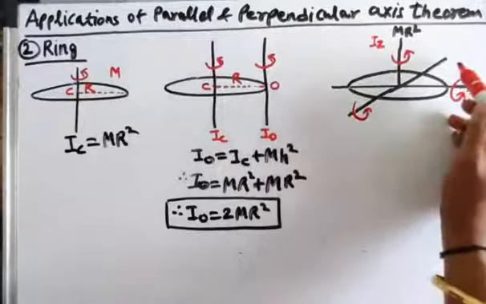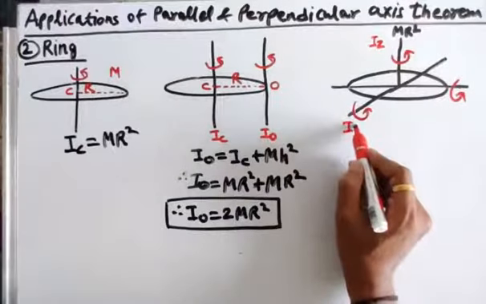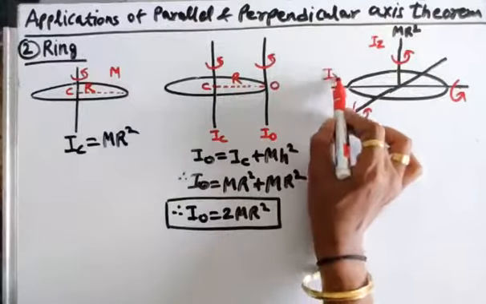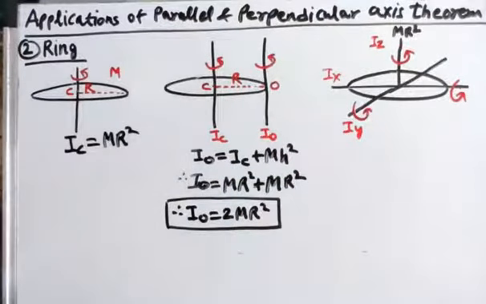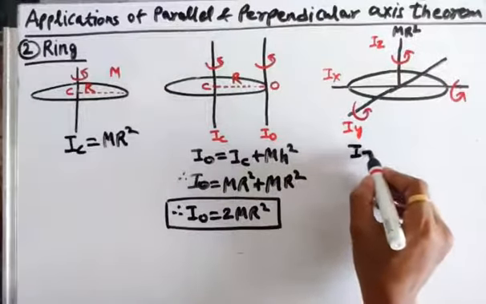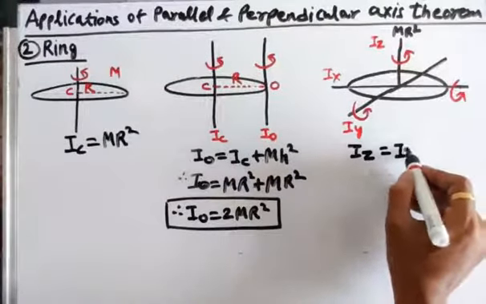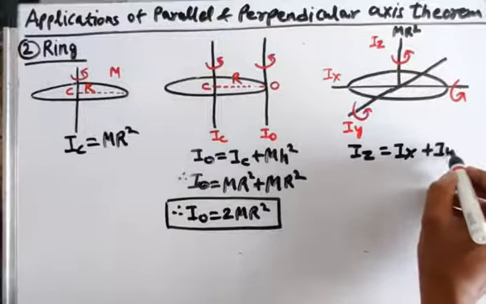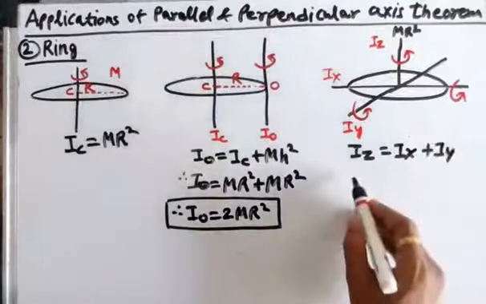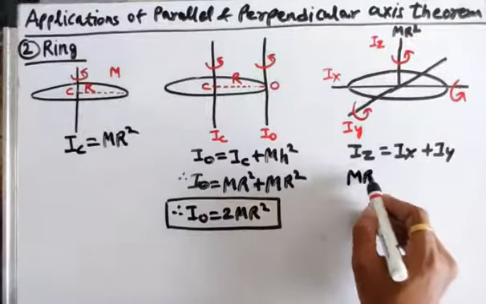Moment of inertia of the ring about this axis is say Iy, and moment of inertia about this x axis is say Ix. So according to the perpendicular axis theorem, we can write Iz is equal to Ix plus Iy. But Iz is about this axis and we know its moment of inertia, that is nothing but MR square.